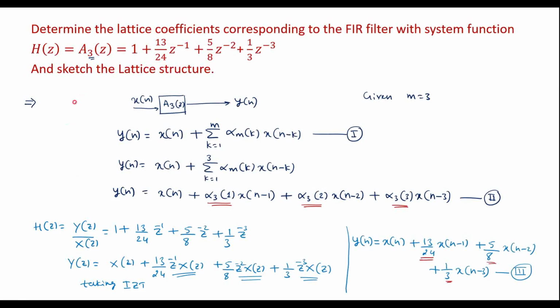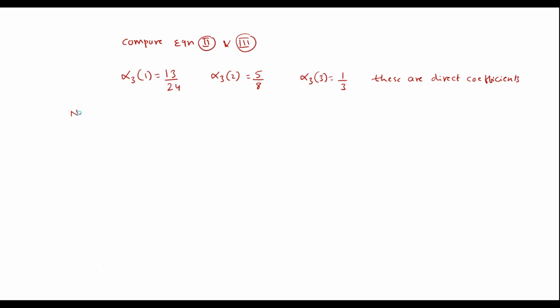Now, to get the lattice structure, we are supposed to find the lattice coefficients. Now we need to calculate the lattice coefficients K1, K2 and K3.